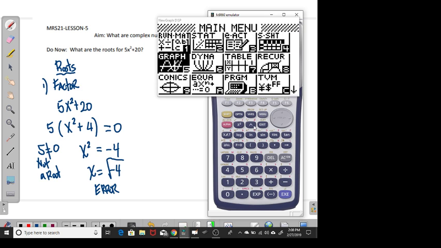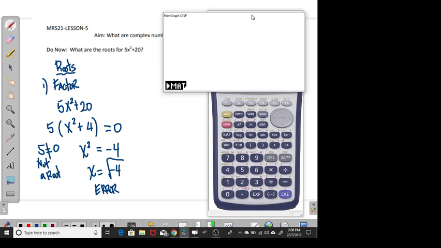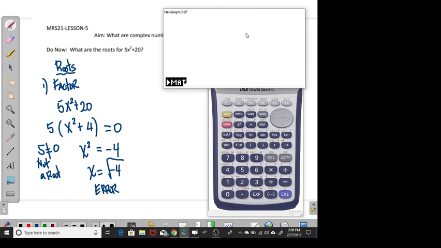I'm going to go to menu and number 1. And I'm going to ask the calculator to do shift square root, which is this x squared. And I'm going to put it in parentheses because it's minus 4, and I want the calculator to understand that minus 4 is inside of the square root.